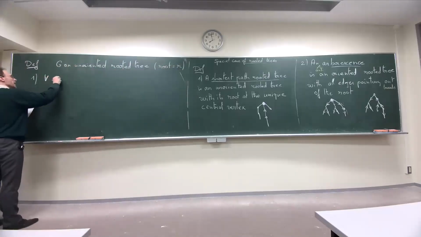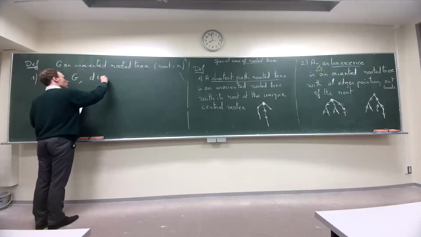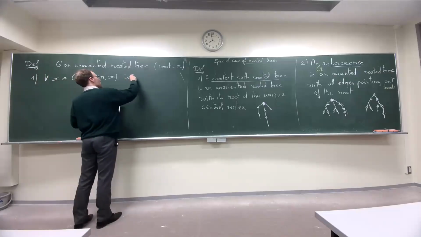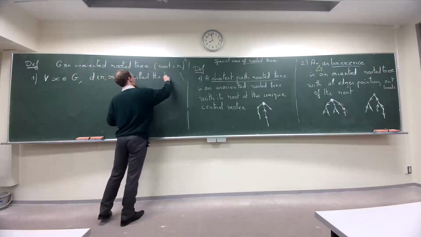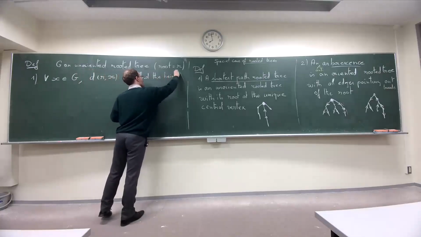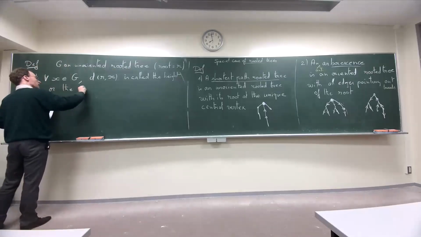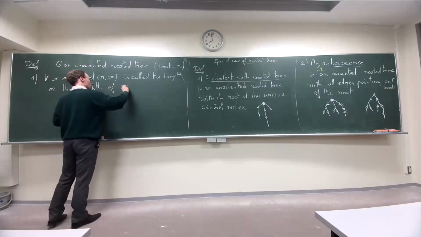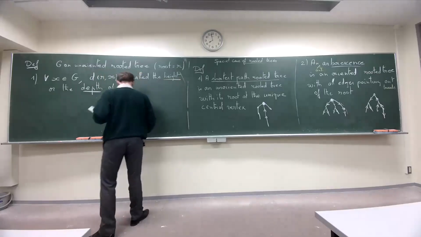So for any X in the graph, the distance between the root and X is called the height or the depth of X. Okay, these are just a few definitions. The height or the depth.